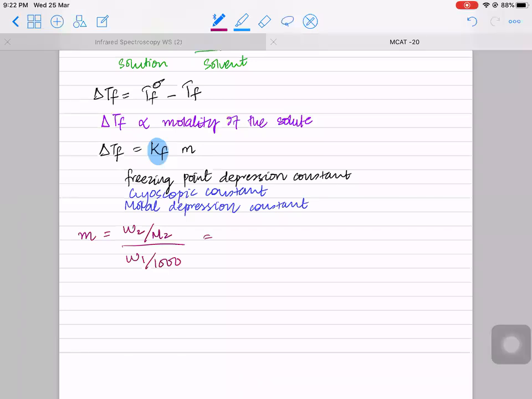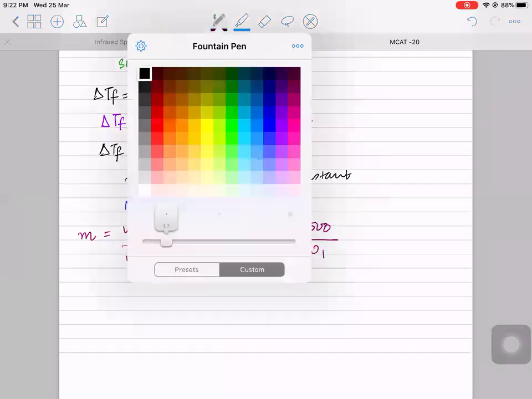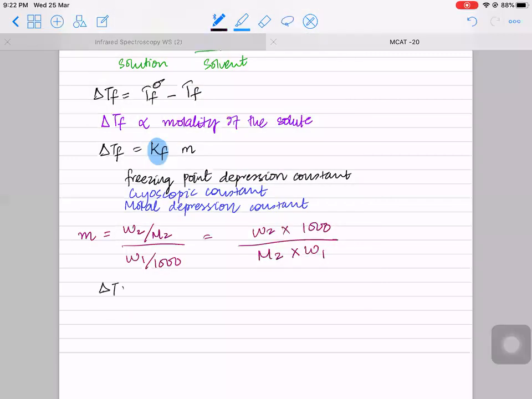And this will be written as W2 times 1000 upon M2 times W1. So you can replace that for m, and delta TF equals KF times W2 times 1000 upon M2 times W1.